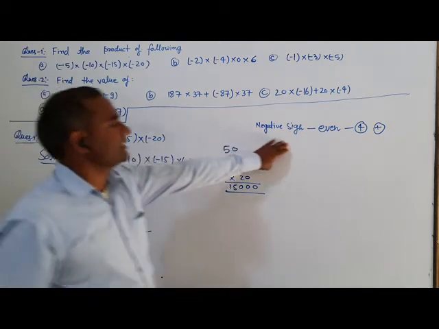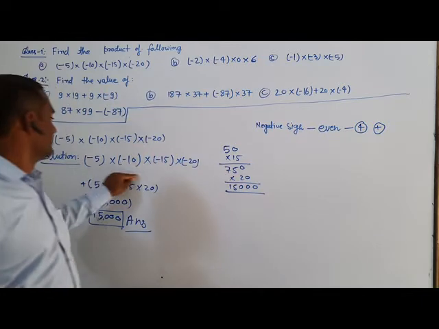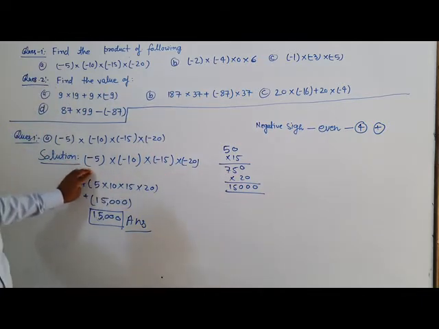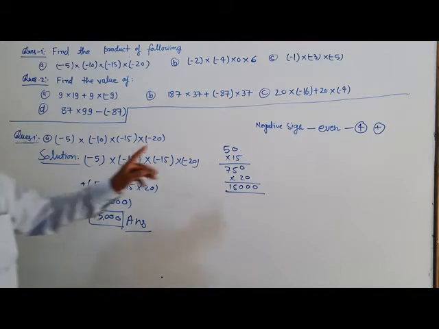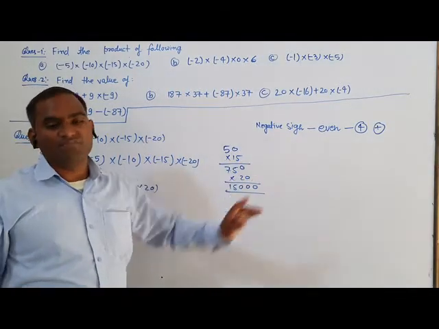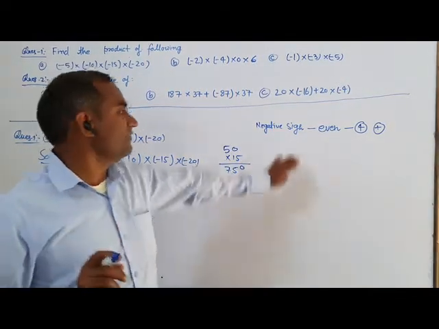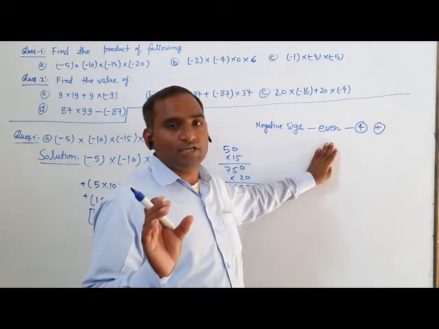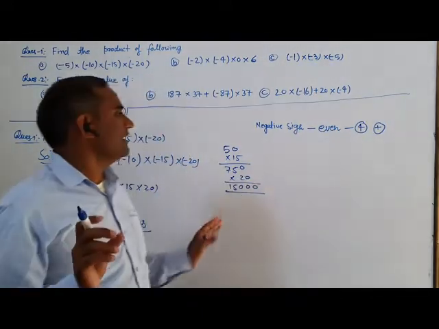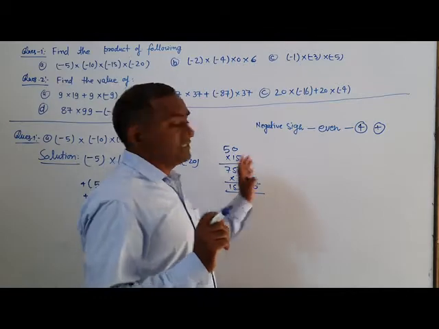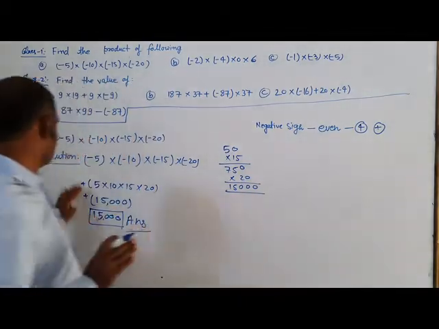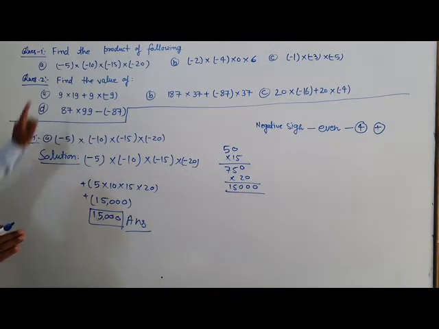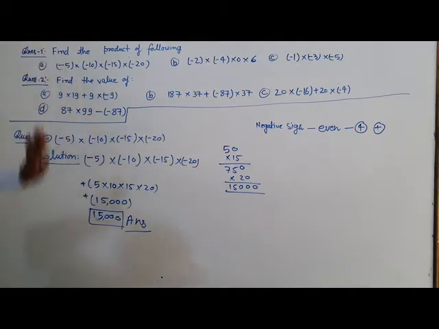The sign is positive because in the multiplication the number of negative signs is even. When the number of negative sign is even number, यदि नेगेटिव साइन का जो नंबर है वो इवन है तो प्लस रहेगा, यदि ओड है तो माइनस रहेगा. सो दिस इज द आंसर ऑफ ऑप्शन ए of question first.